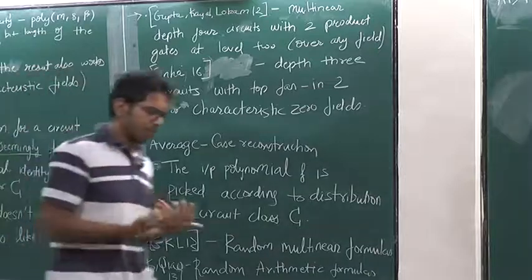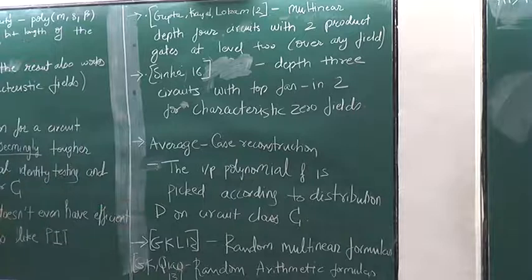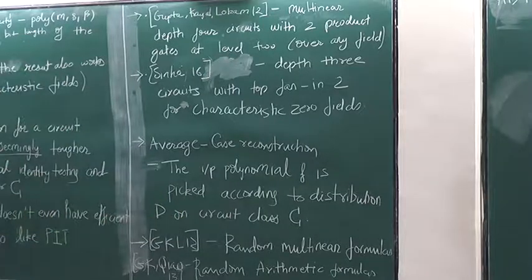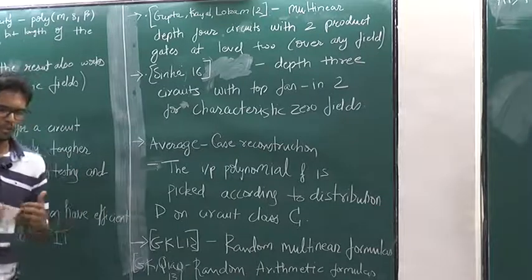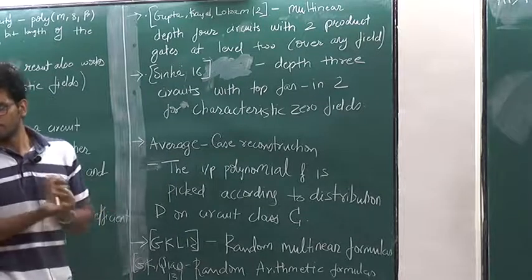This drives the question: can you forget about worst-case scenarios? You forget about some set of circuits, but can you reconstruct on average for most circuits in the circuit class? This puts forward the following question: if the input polynomial is coming from a distribution on the underlying circuit class, can you reconstruct with high probability?